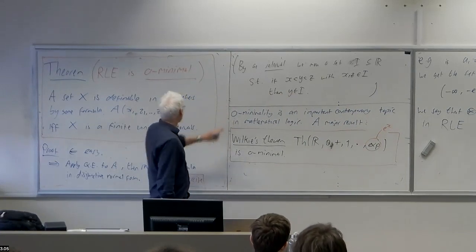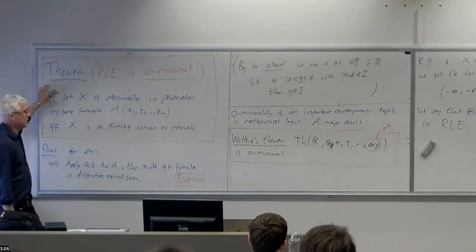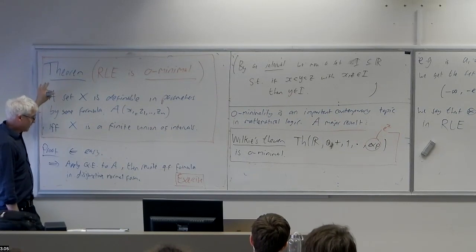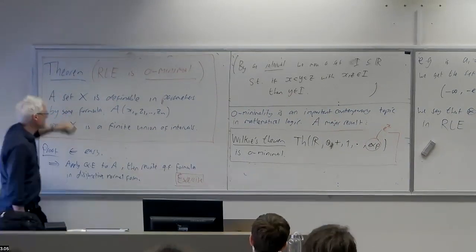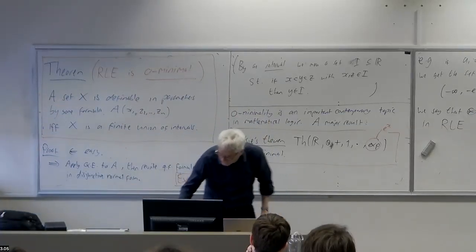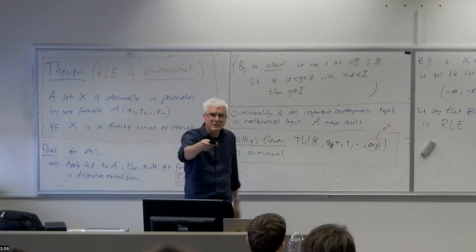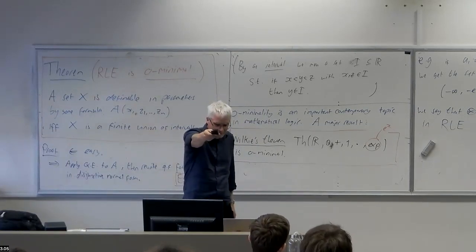So this theorem, the o-minimality, was the second application of quantifier elimination for rational linear expressions. The third one I'm not going to spend very long on, because I did promise you an early finish, and well, anyway, we're still early.